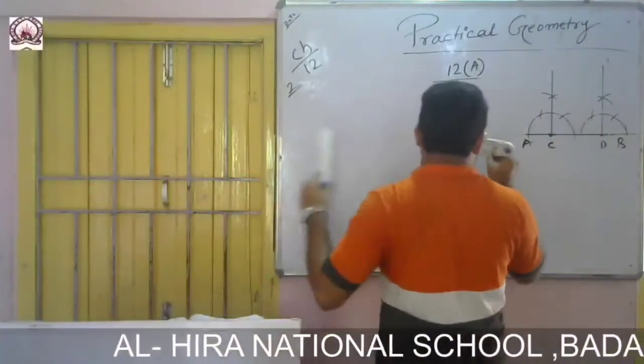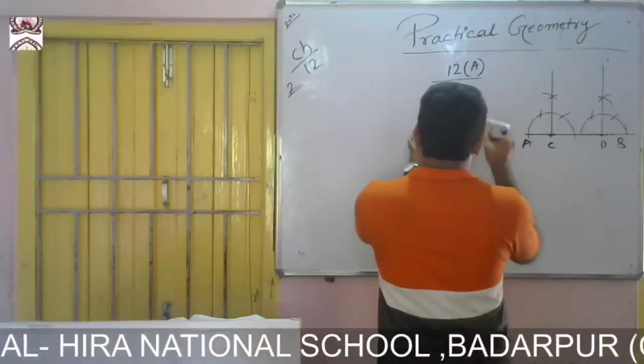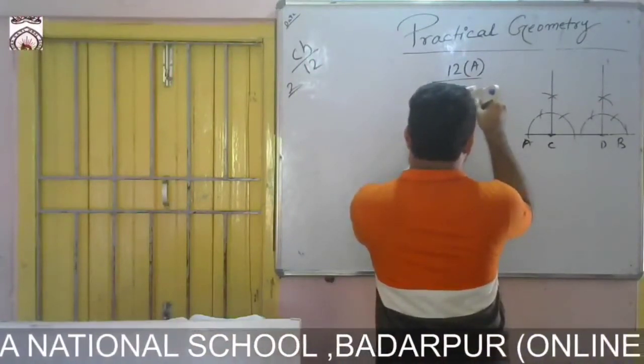From your ruler you take 3 centimeter, from where 3 centimeter starts.